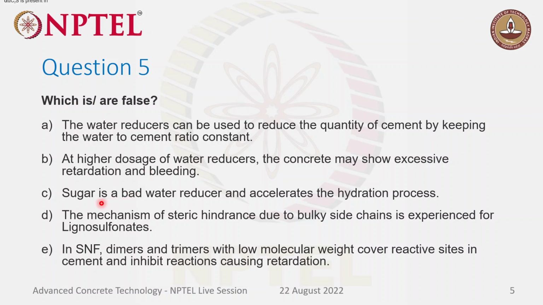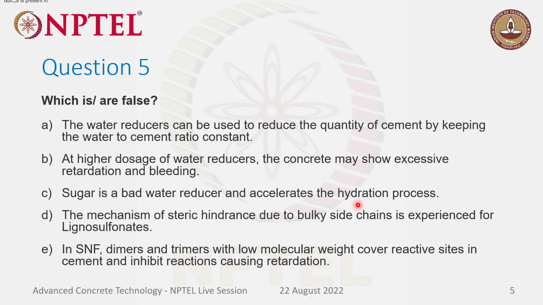Option C is: sugar is a bad water reducer and accelerates the hydration process. You know that lignosulfonates are also a kind of sugar, similar to sugar molecules, and here they're saying that sugar is a bad water reducer. It says that it does not reduce water at all, and that it accelerates the hydration process.